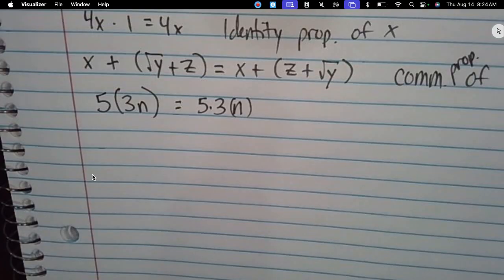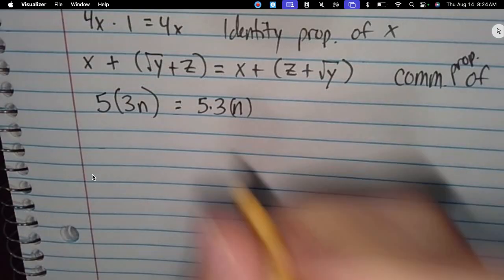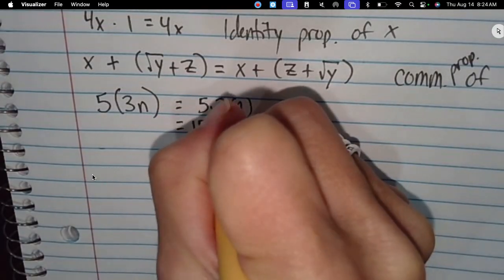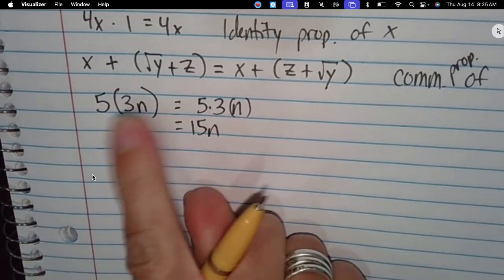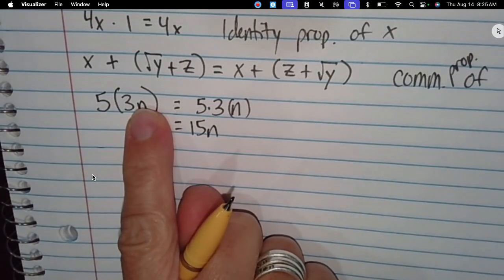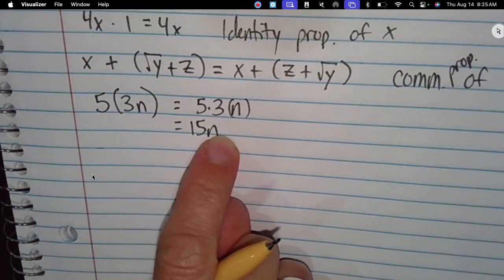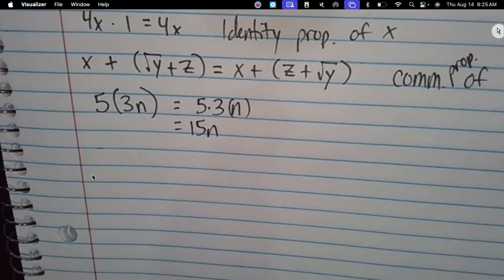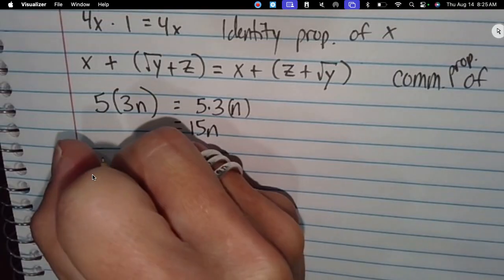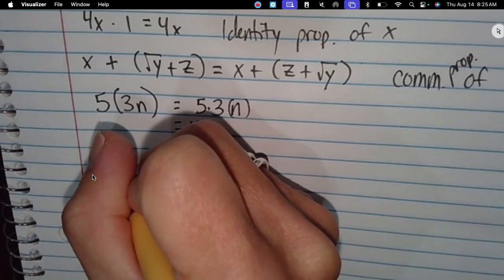What is 5 times 3? 15. Now, do I need to write this step? I usually don't. I just know this is 5 times 3n. What is 5 times 3? 15. Don't forget your n. Is everybody good with that? It's just simplifying. It's just putting things together. It told us to multiply.